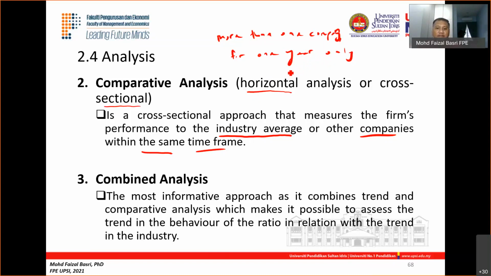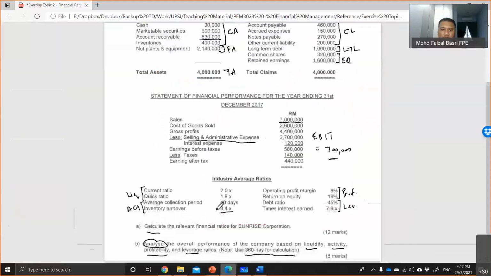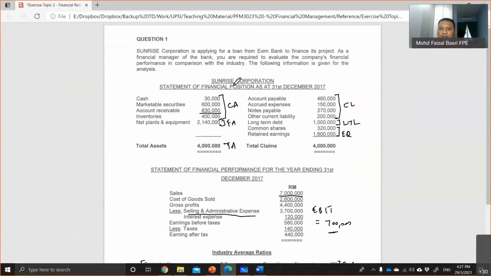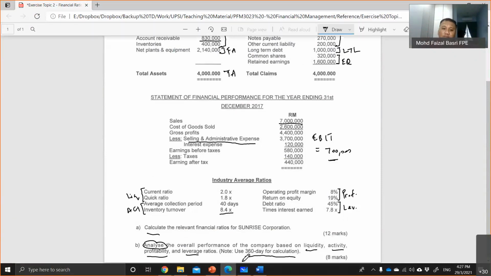Or like what we've done in this one. So this is again comparative. You compare for this company, Sunrise Corporation, for the year 2017 against the industry average for the same year. Okay, one against one. Multiple against one, but for 1 year. So that's comparative.